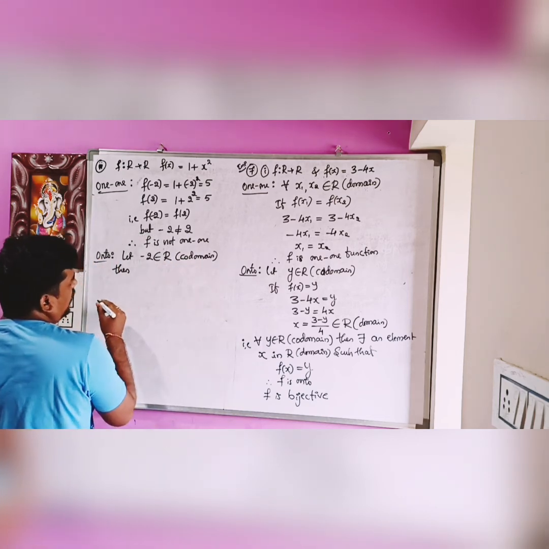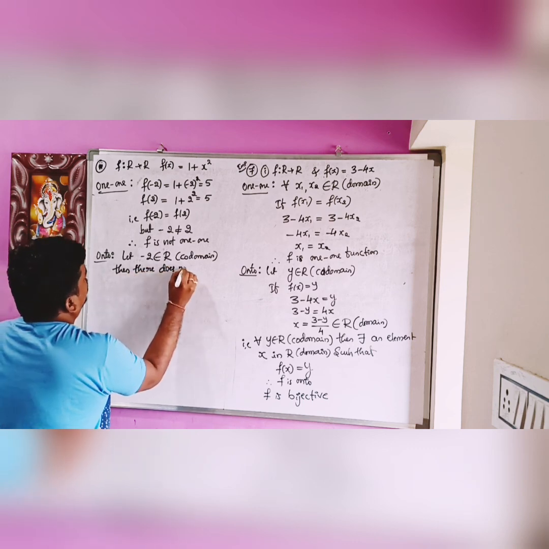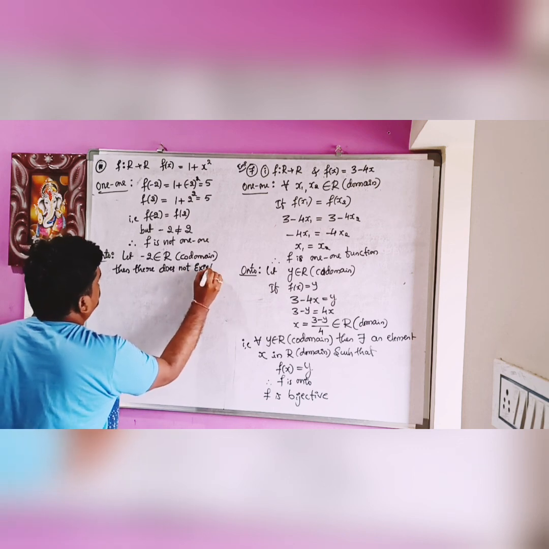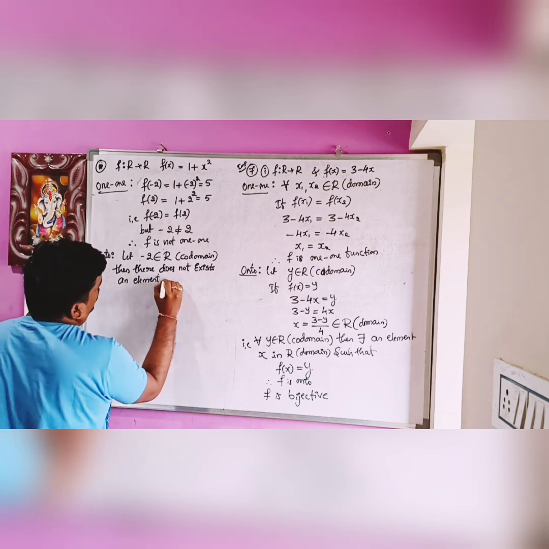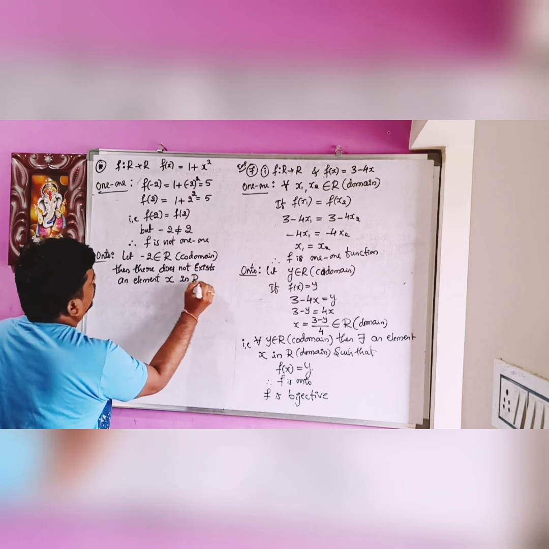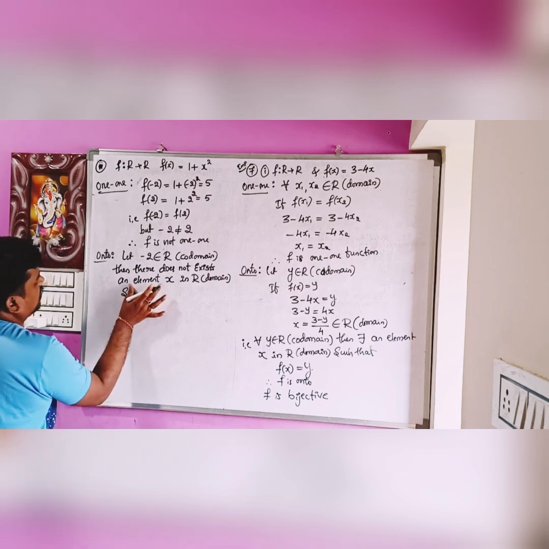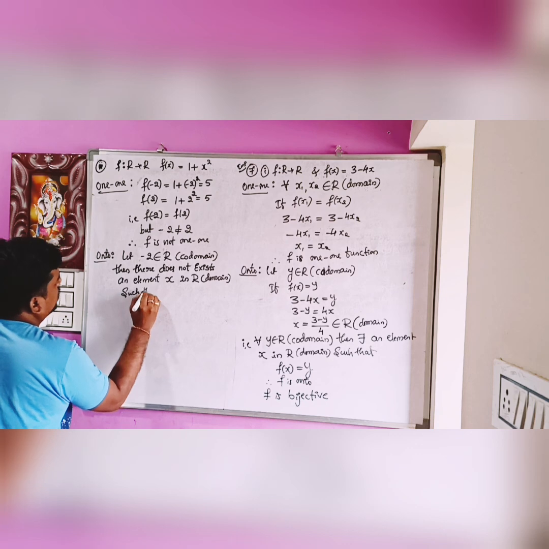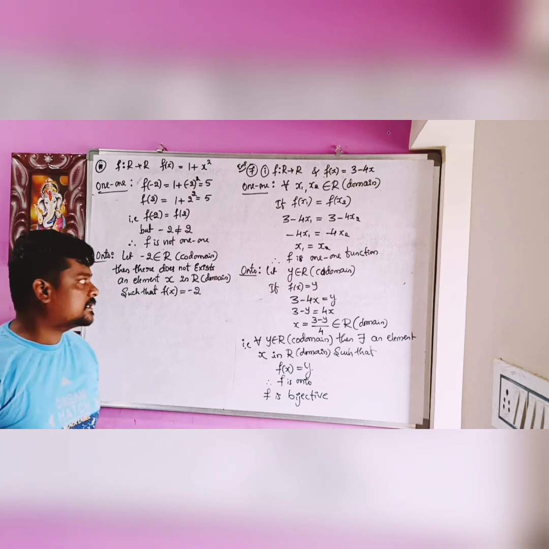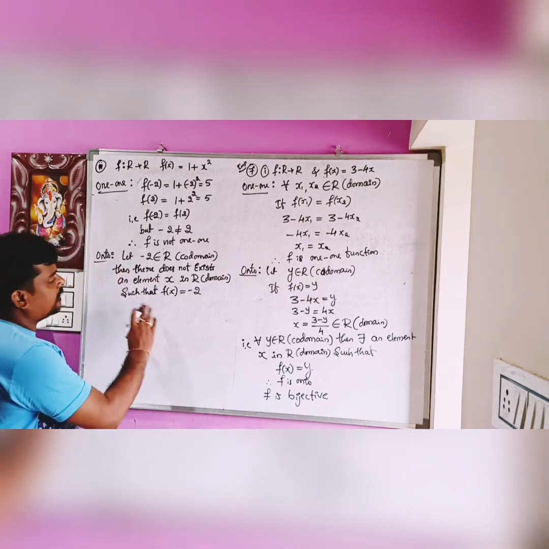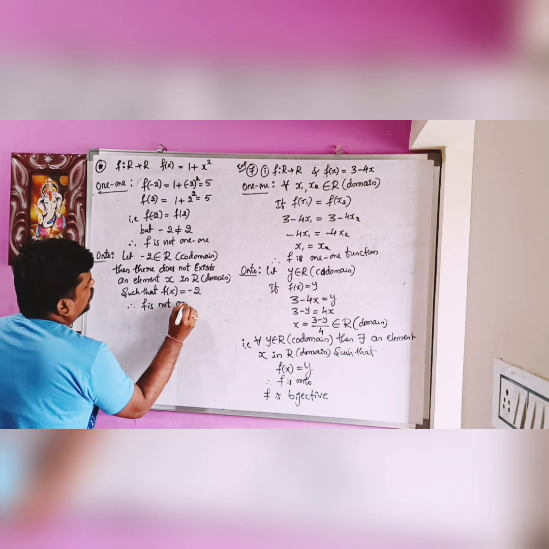So minus 2 belongs to our codomain, then there does not exist an element x in R, that is the domain, such that f of x is equal to minus 2. Therefore f is not onto.